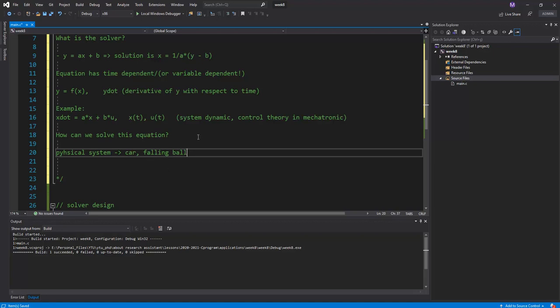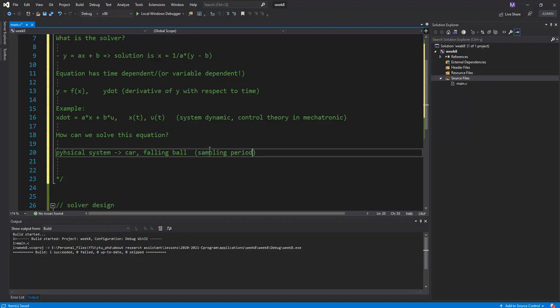Everything in the universe is considered a physical system, okay? But these systems may be time dependent, and actually in real life or in nature everything is time dependent, okay? We should utilize these things on the basis of the sampling period, okay?